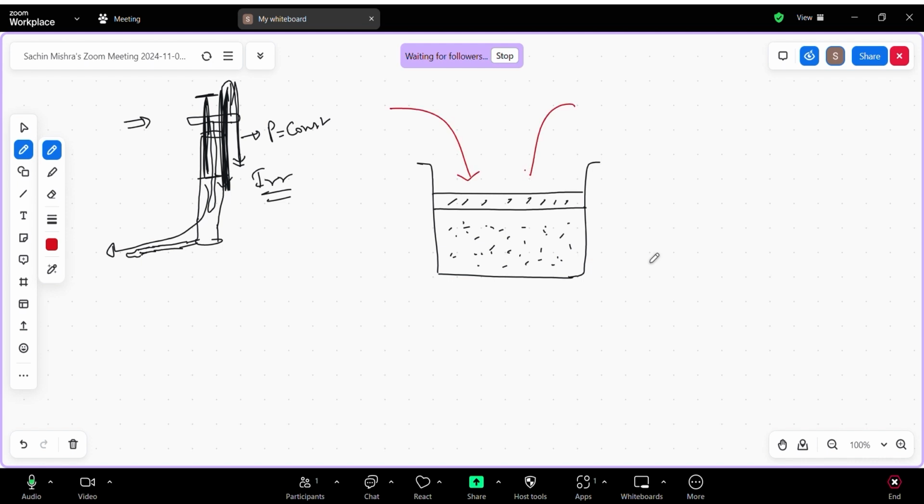From upside the atmosphere applies pressure, from inside the gas applies pressure. If the piston stops here without any external force, that means pressure inside the container is 1 atm, because pressure from outside equals pressure from inside. This is the equilibrium position. Outside is atmosphere, so pressure equals 1 atm, which is equal to the pressure of the gas.